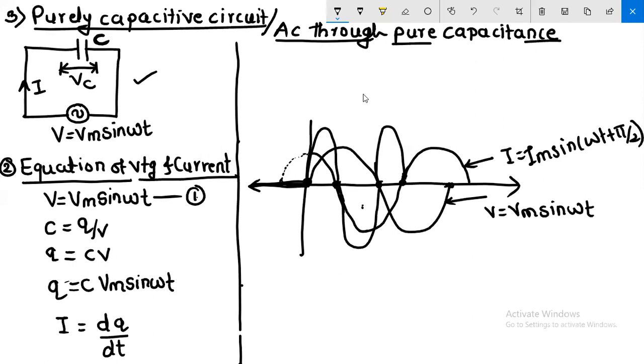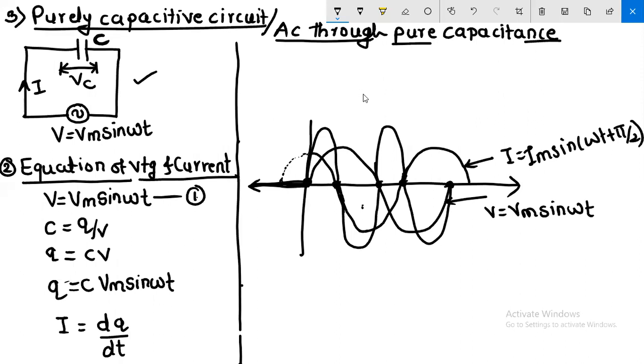And now from this point to this point, your voltage is negative and the current is positive. Positive times negative gives a negative product. What will that power be? Negative. So my waveform of power is like this.